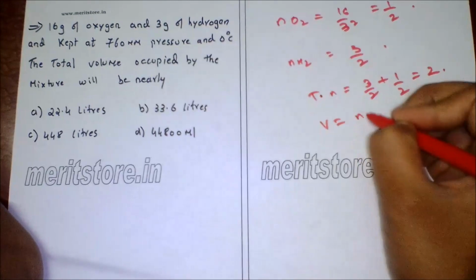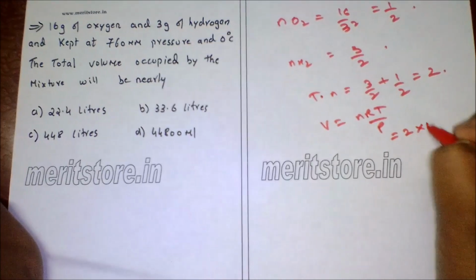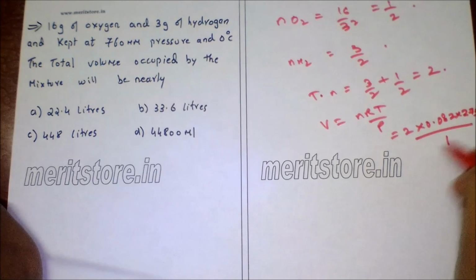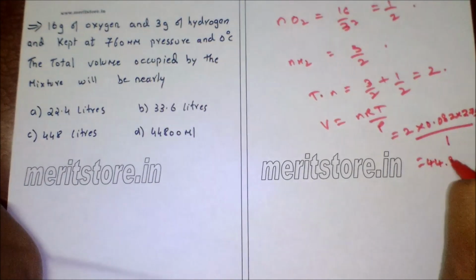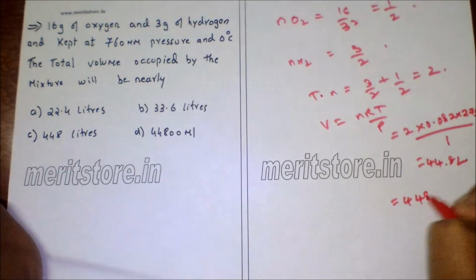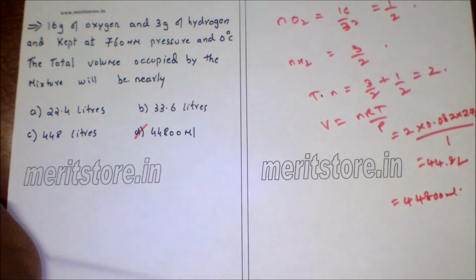So volume is equal to nRT upon P. So total number of moles is 2, gas constant, temperature divided by pressure. So this comes out to be 44.8 liters or 44800 ml. So option D is the correct answer.